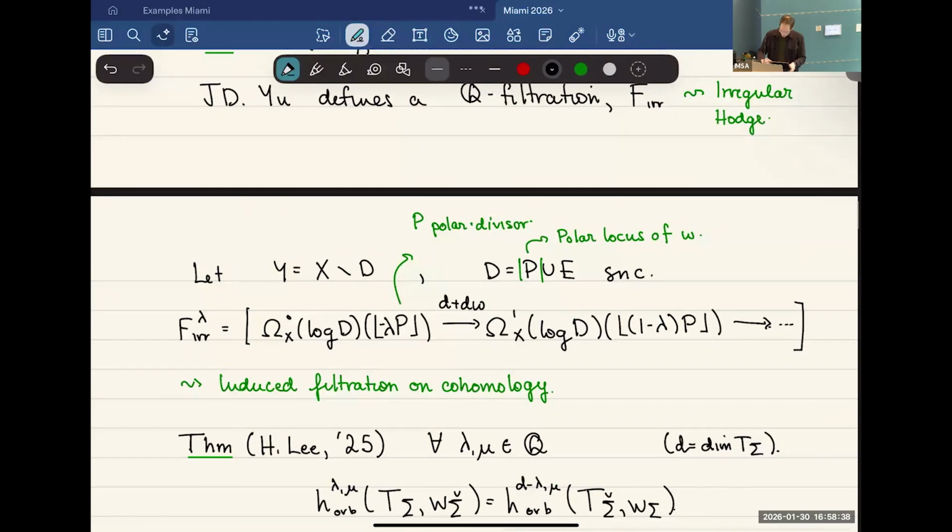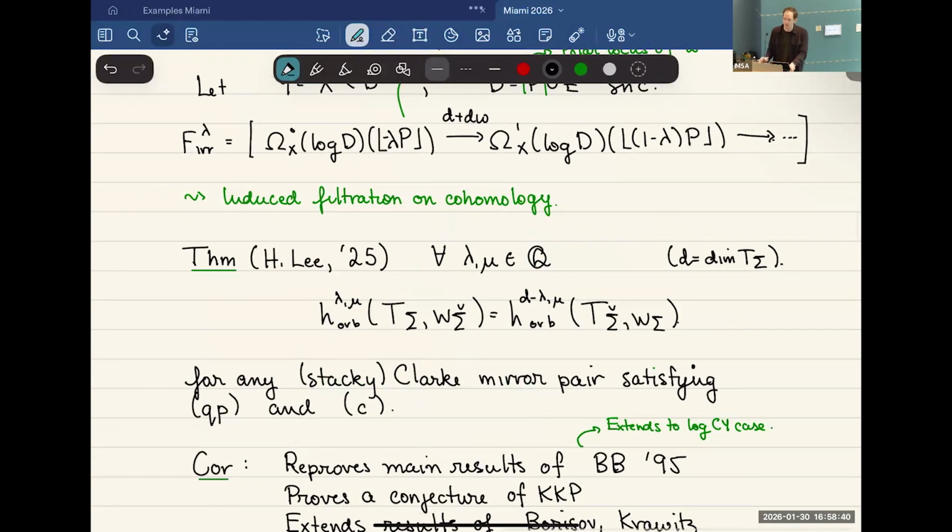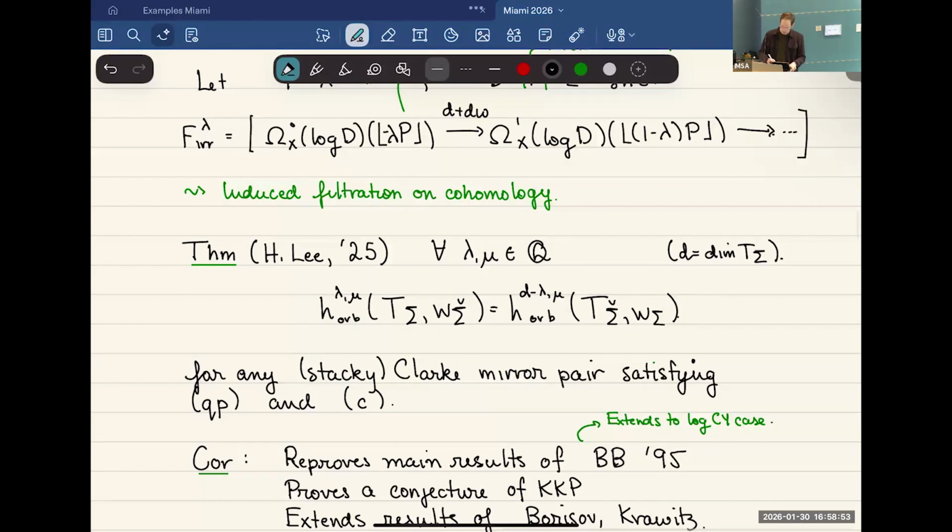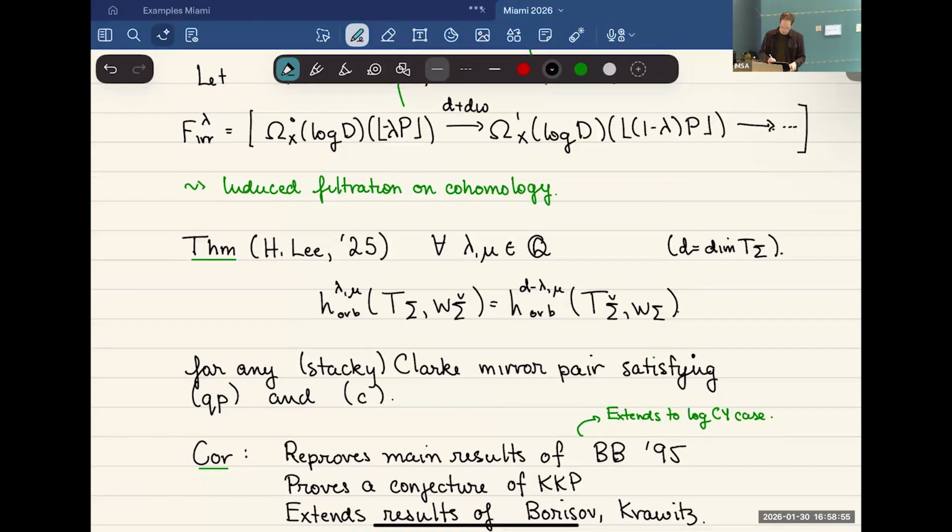Once I have that, I have a well-defined notion of orbifold cohomology on these. And so the theorem is that for any rational numbers lambda and mu, I get this usual duality relationship between the lambda-mu Hodge numbers of this mirror pair.